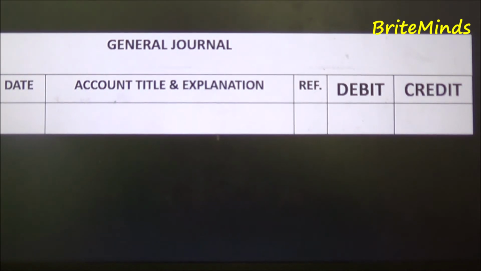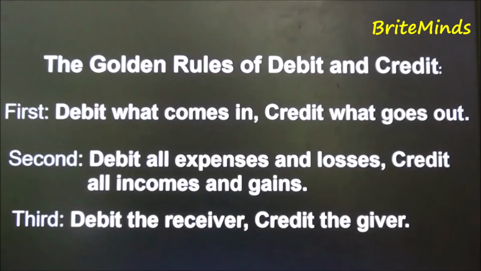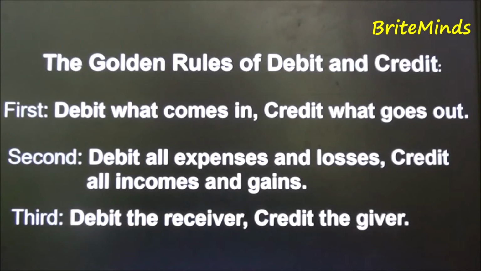Proficiency in the recording process is measured by the proper application of the rules of debit and credit. So I will give you the golden rules of debit and credit.